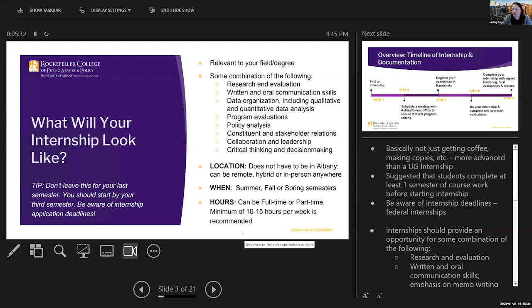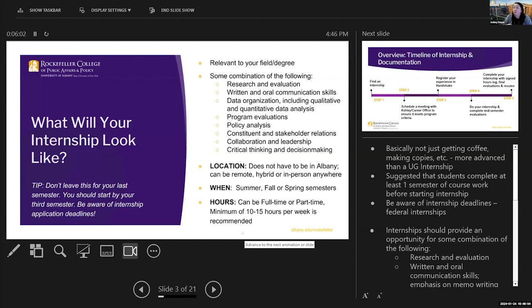That's partially because it's what works out the best in terms of not taking courses or as many courses and having more time to devote and dedicate to the internship. So that's a common time frame, but just know that internships are very much offered in the fall and spring semesters as well. In fact, for MPA students in particular, the legislative session occurs in the spring, so there's tons of spring internship opportunities as well.